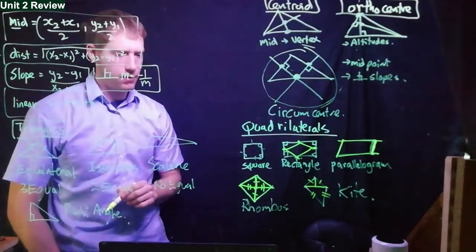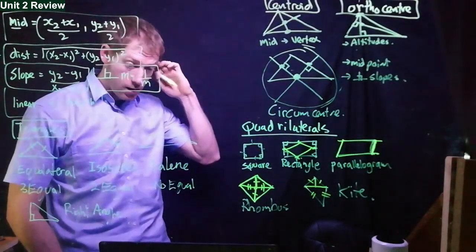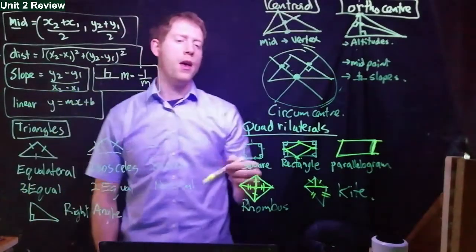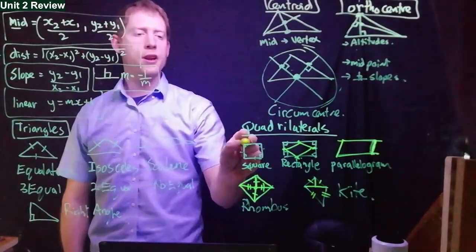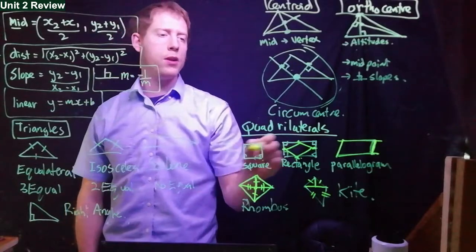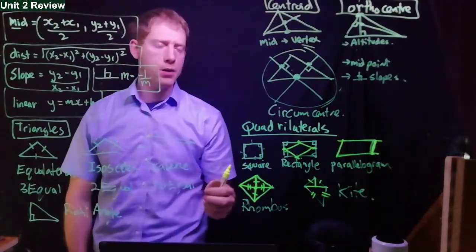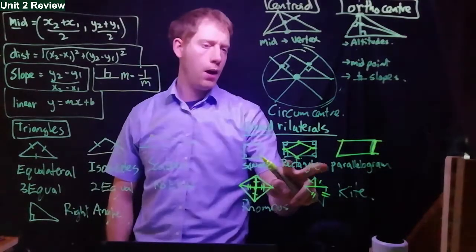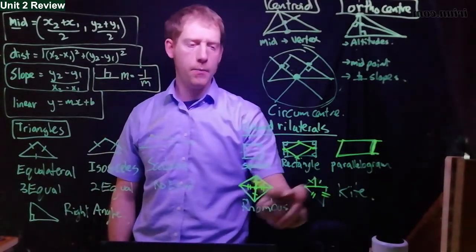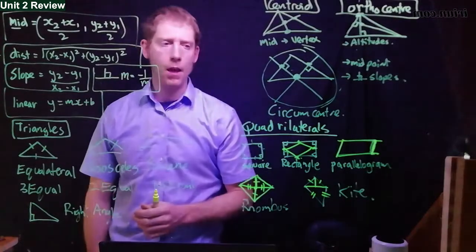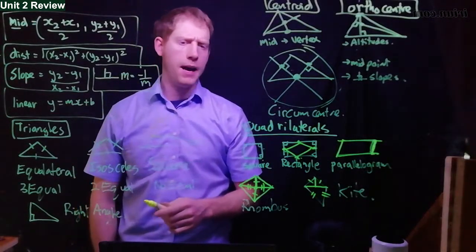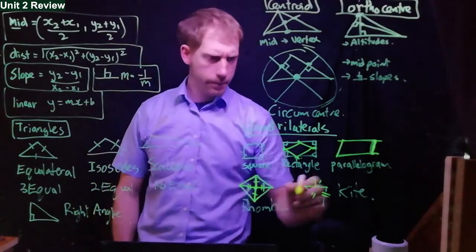And that's what a kite is. So if I give you the vertices of a quadrilateral, you need to be able to determine if it's a square, a rectangle, a parallelogram, a rhombus, or a kite.